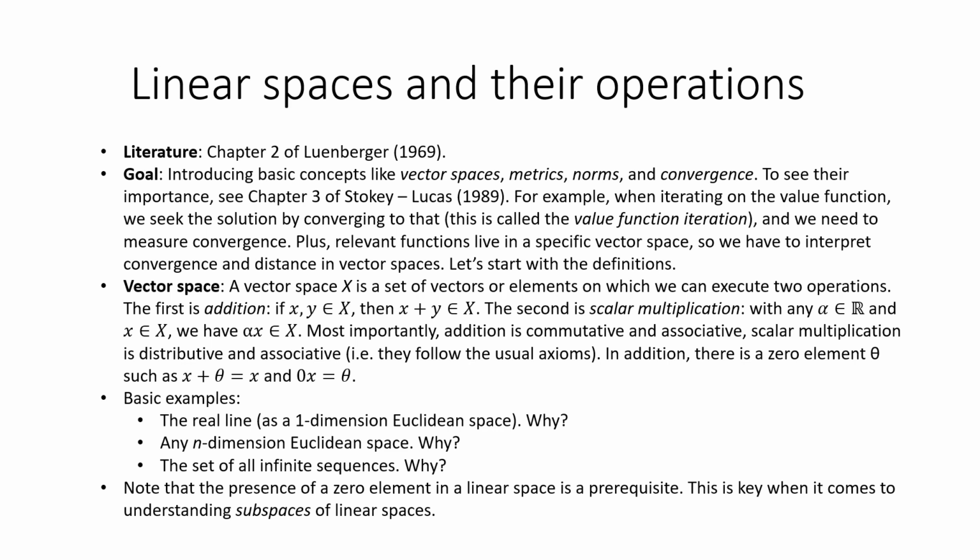This is easy to generalize to the n-dimension Euclidean space. If we add up two vectors of n dimension, we receive a vector of n dimension. So with respect to addition, the n-dimension Euclidean space is closed. And if we multiply any n-dimension vector with a real number, we receive an n-dimension vector. So with respect to scalar multiplication, it is closed.